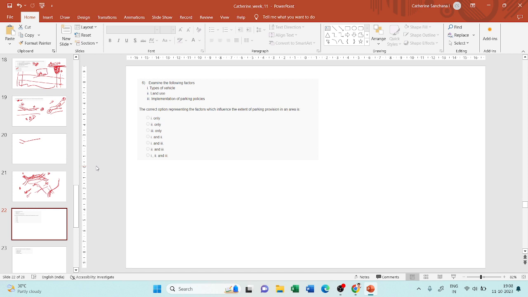So parking, if you see, it can be either an on-street parking, an off-street parking, or special parking facility.